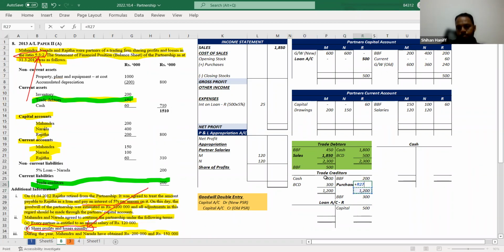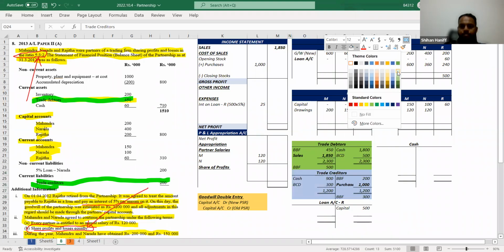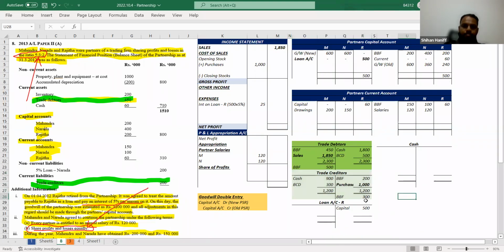So 1,200 minus 200 is 1,000. Purchases 1,000. So we did the trade debtors and trade creditors.